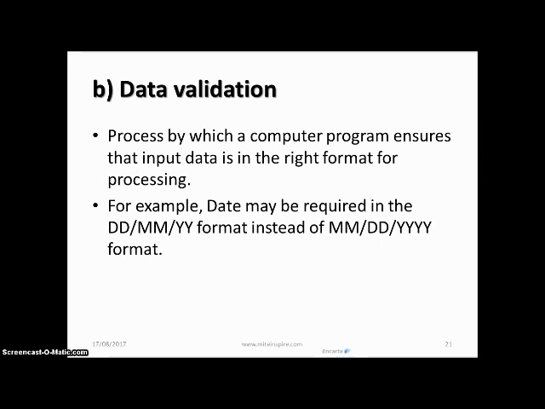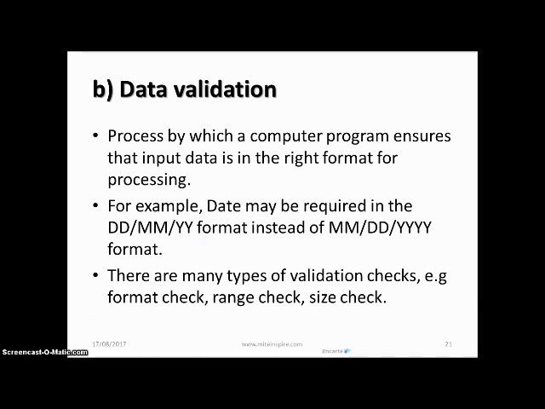For example, a date may be required in the DD/MM/YY format, instead of starting with the month, and then writing the year with 4 digits, as in 2017. So what data validation does is it checks to ensure that before the processing by a computer can begin, the data is in the required format for processing.